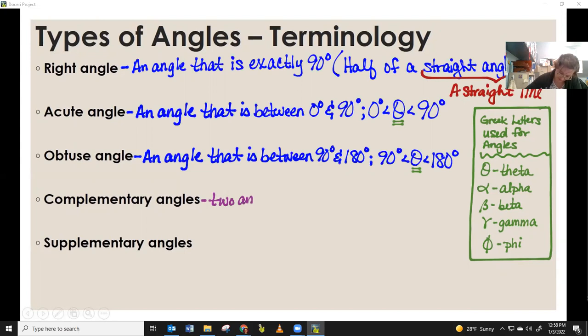Two angles whose measurements add up to 90 degrees. Or another way to write that exact same idea would be alpha plus beta equals 90 degrees.